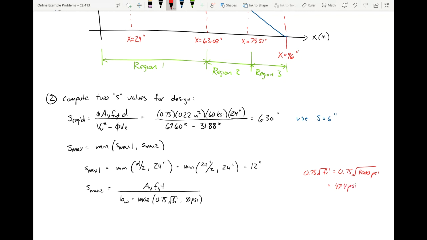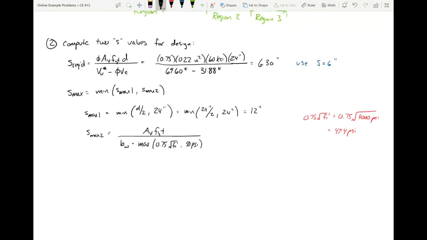So what we're going to do here is use bw times the maximum of either that or 50. So we're going to use 50. So bw was 14 inches. This is 50 PSI. Av is 0.22 square inches.